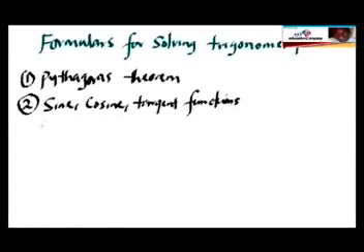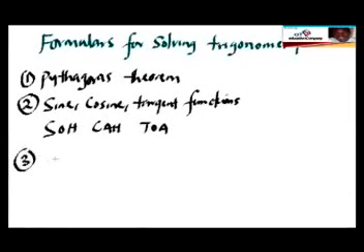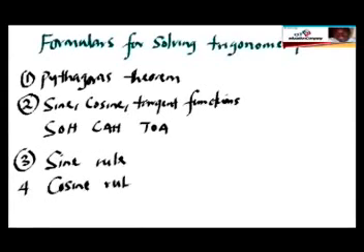So this formula basically is what you call the SOHCAHTOA. And the third one here will be the sine rule, and fourthly you have the cosine rule. So these four formulas are used to solve trigonometry.